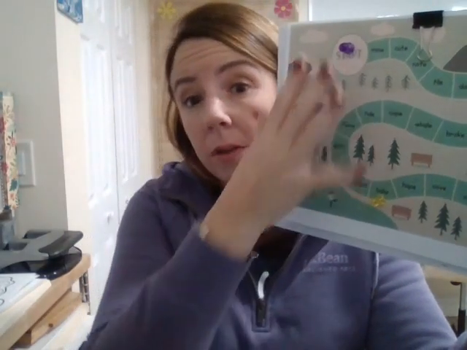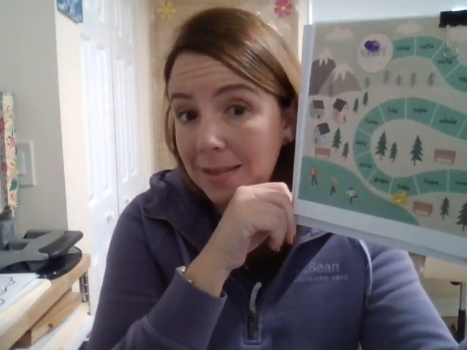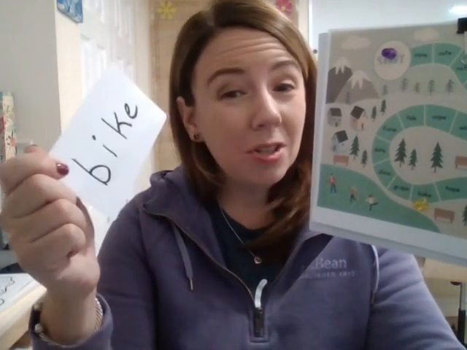Okay. So we're incorporating a lot of practice with this one game board. We're incorporating decoding, so they have to read the words that are on the spaces. We're incorporating phoneme manipulation tasks in there in the initial, medial, or final positions. And we're also incorporating some encoding.